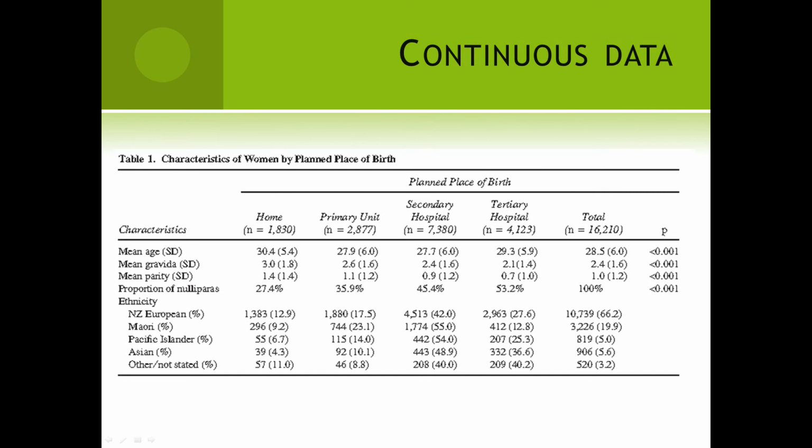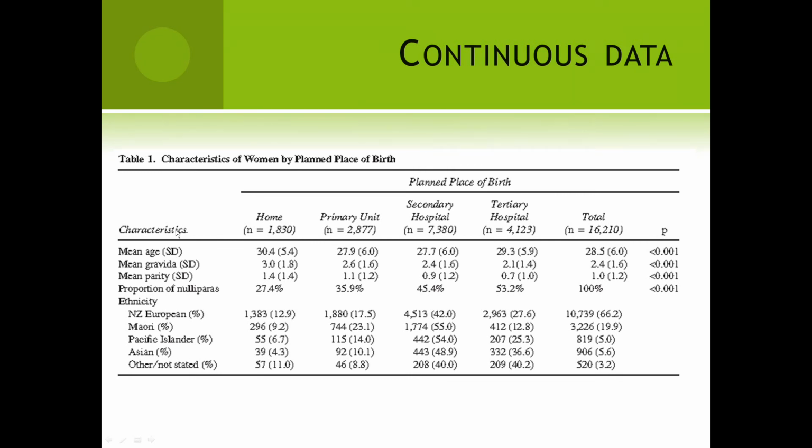So here's an example of some continuous data that's presented in a table. Many research reports have tables like this. It's the characteristics of women by planned place of birth. If we have a look at the categories along the top, we have women who are planning their place of birth at home, in a primary unit, and in a secondary and tertiary hospital.